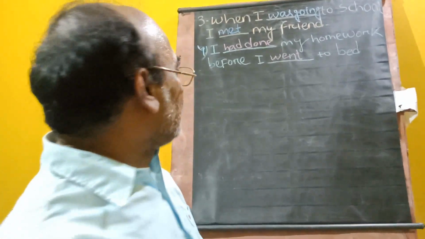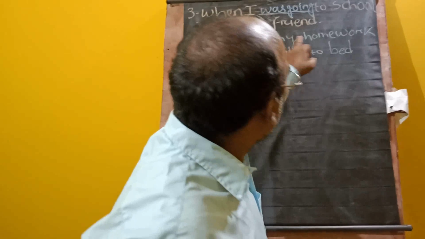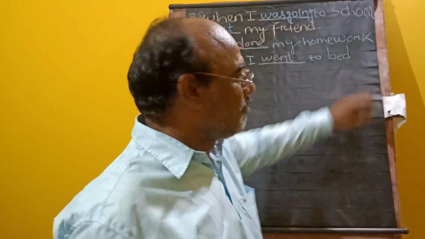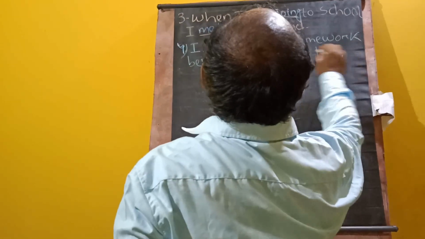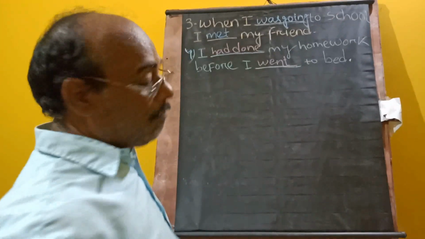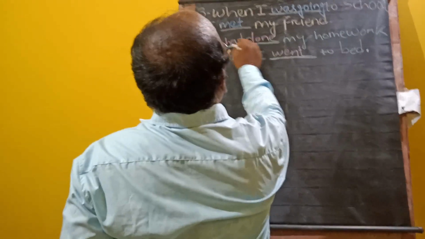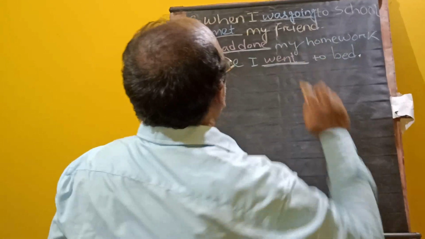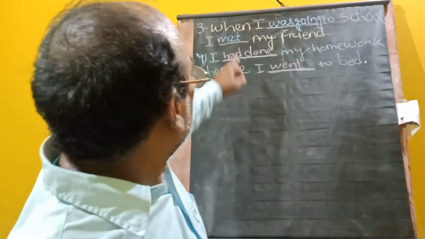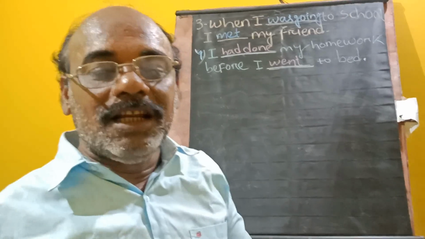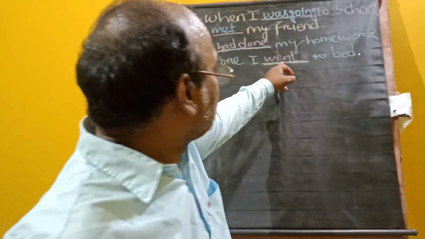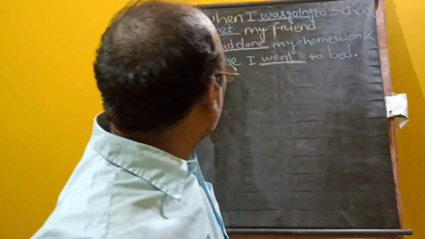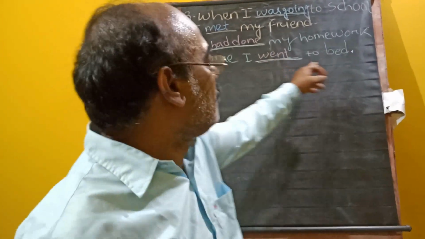We can take the example. I had done my homework before I went to bed. Before I went to bed. Here, had done, next one is went. Had done is the earlier action and went is the later action. So I had done my homework before I went to bed.